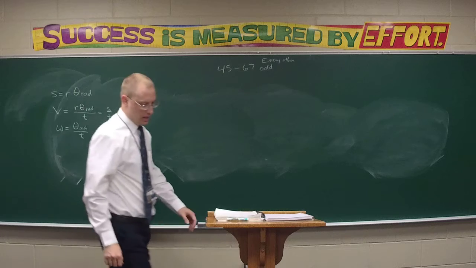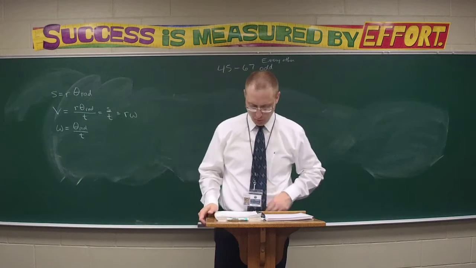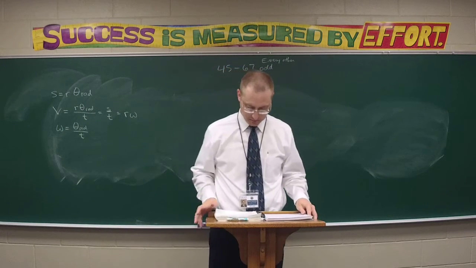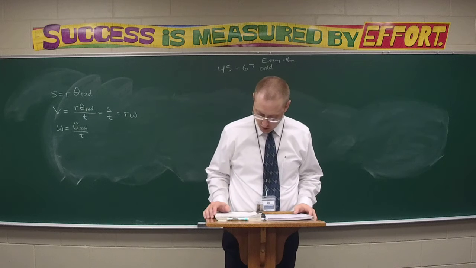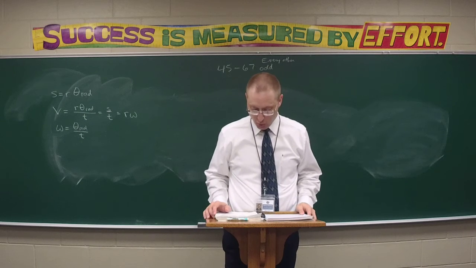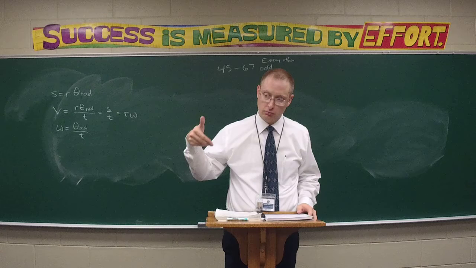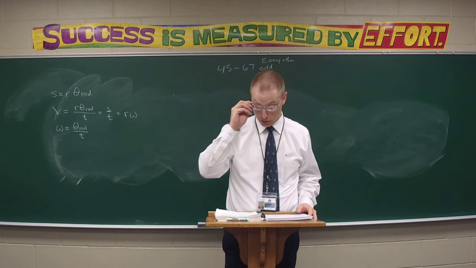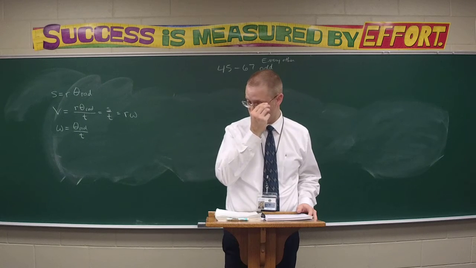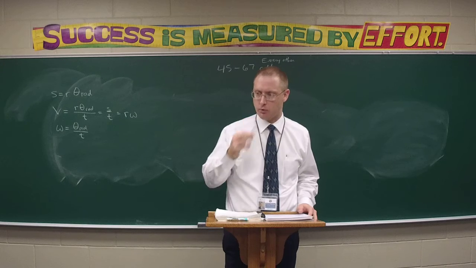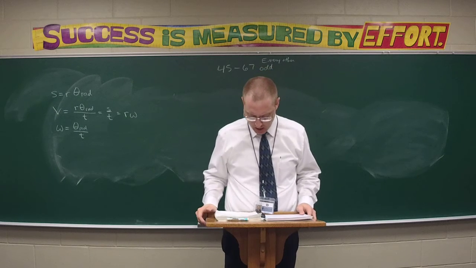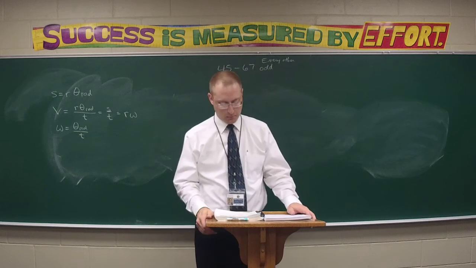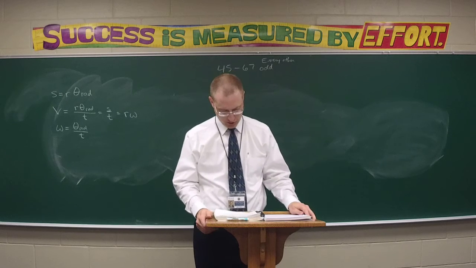Let's take a look at these together. And number 45, what did you get for the angular velocity, Quentin? 2.01. Good, 2.01 radians per second, or just per second. Number 47, if you made it that far, would have been 0.142 per second.